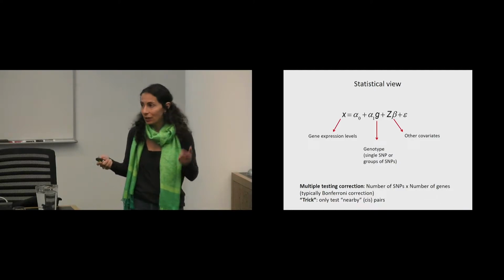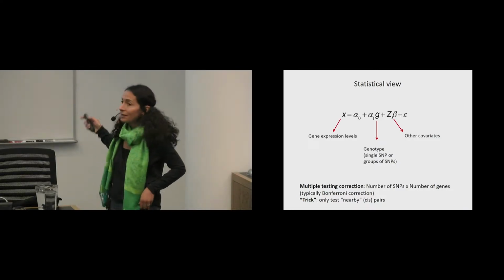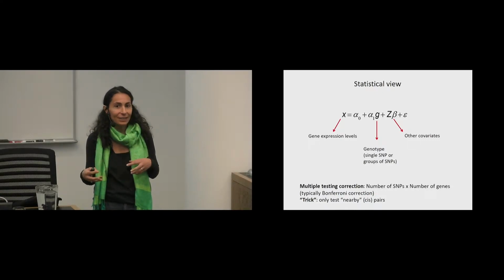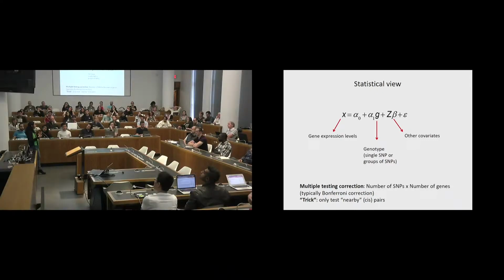That's one trick. The other trick is that adjusting for covariates in your association analysis is really important, because the relationship between genotype and gene expression is there, but it's weak, because gene expression is also affected by multiple other factors. For example, the age of an individual, the sex of the individual, maybe what medication they're taking, and those have no relation to the relationship between genetics and gene expression.